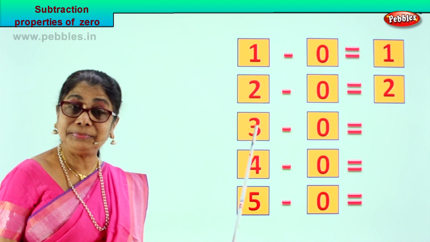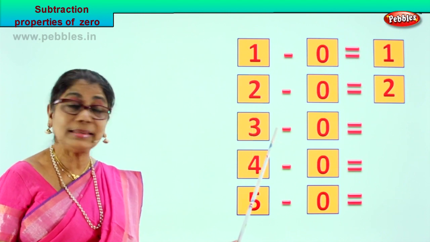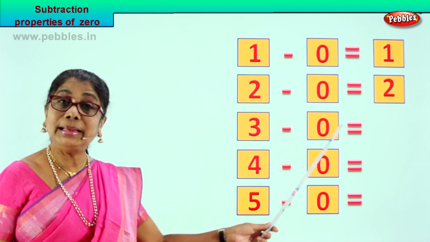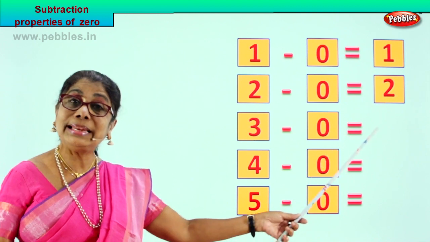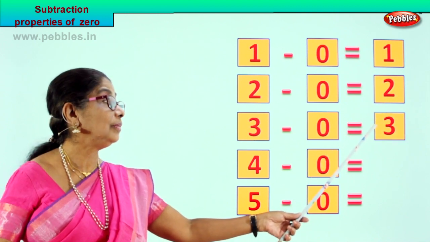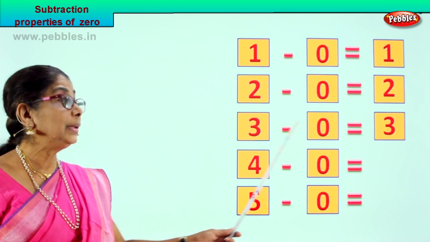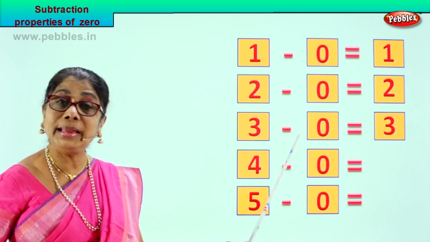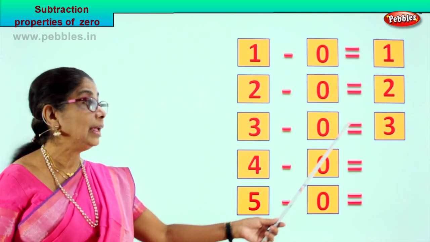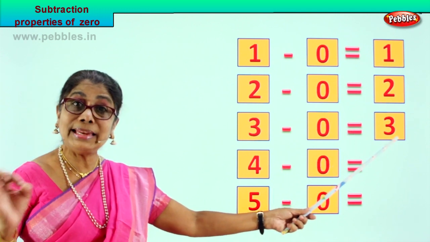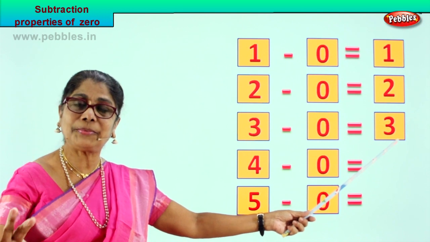Number 3 minus 0 is equal to the number 3 itself. Read with me again. Number 3 minus 0 is equal to the number 3 itself.